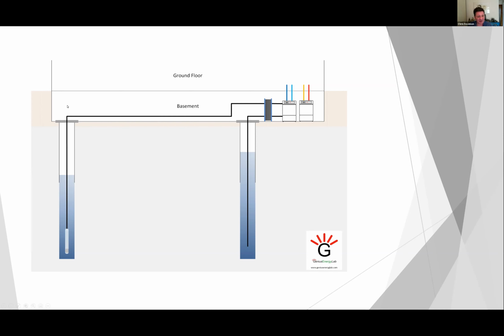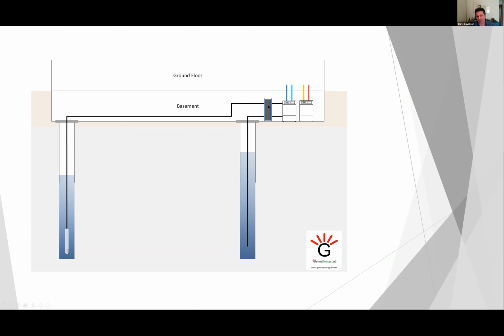What we have here is an abstraction well, this one here, that's taking water from the ground, and we've got a recharge well here, which is putting water back into the ground. There's a pump here down the bottom of the well, which is pumping up the cable or pipe on which it's supported. It then pumps through a heat exchanger, which keeps that untreated water away from the heat pumps and then back into the ground.